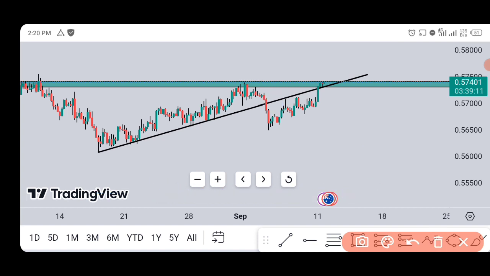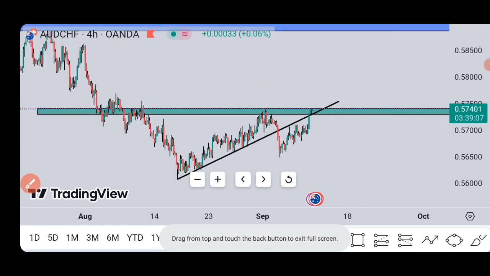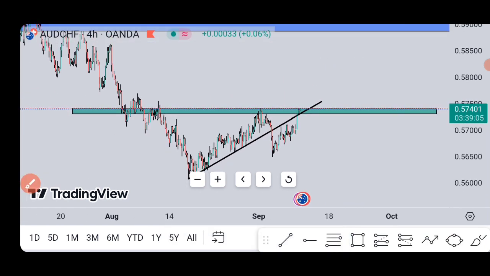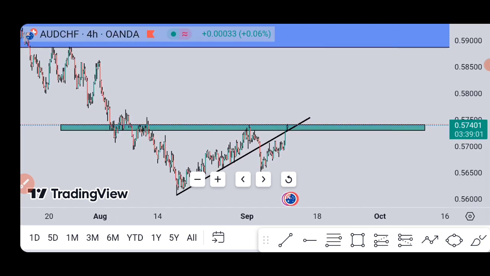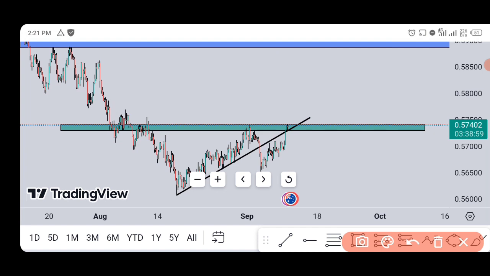So that's it. But what I'm expecting now is that if today's daily candle closes above this zone, I'll just stay out of this pair.